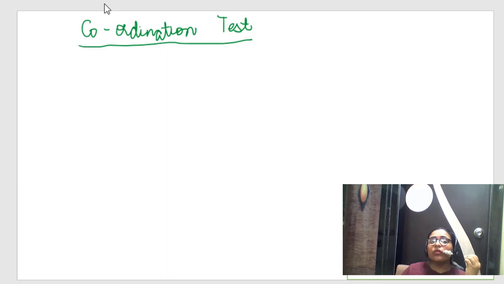To check it, we have a few examples. You can ask the patient to touch his index finger and then place it on his nose, like this. So touch the index finger and then bring it with the other hand to his nose. This is one test.